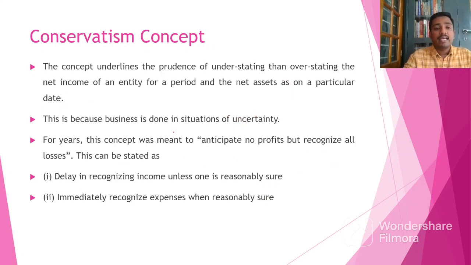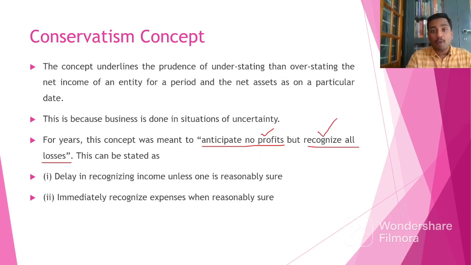Next one is the conservative principle, or conservatism. The conservatism principle is the playing-a-safe-game principle. That is known as conservatism, which means you should not anticipate the profits, but we should anticipate and recognize all the losses.